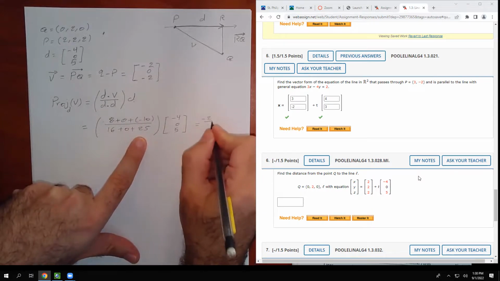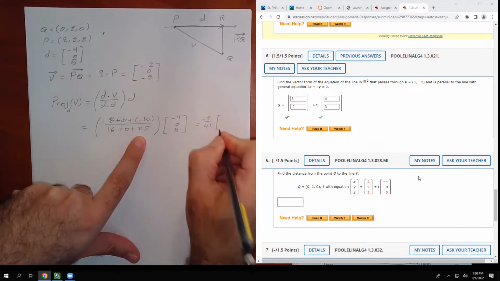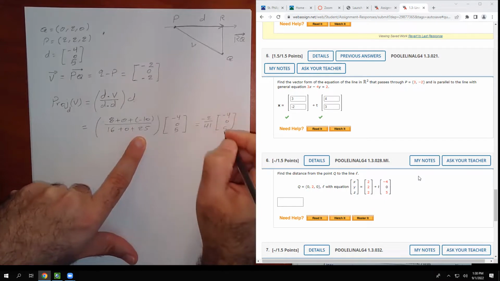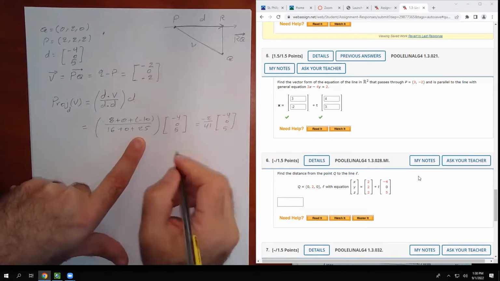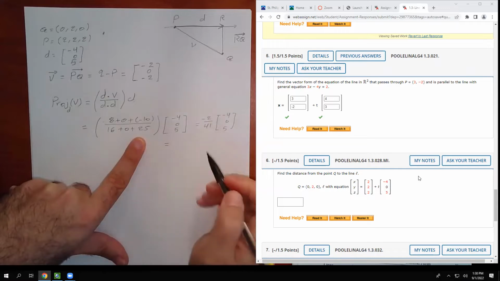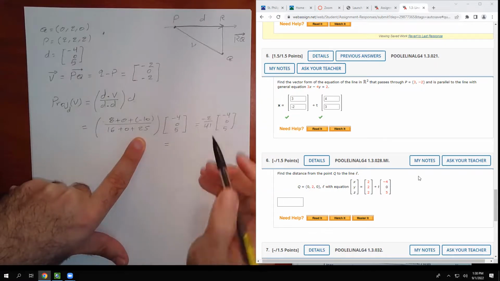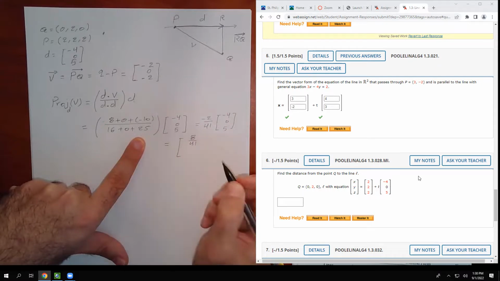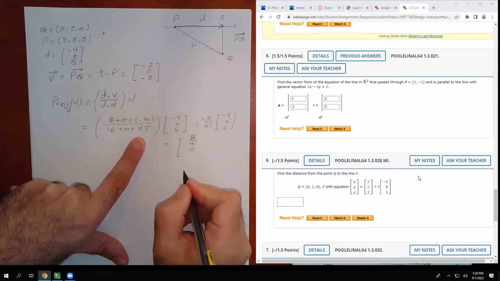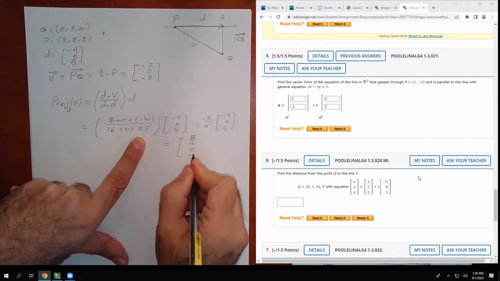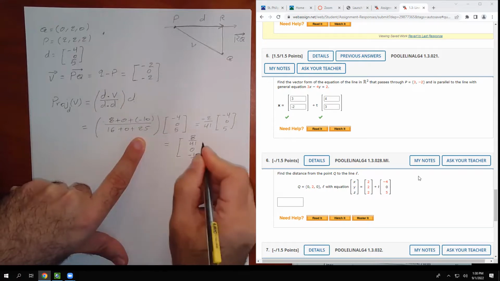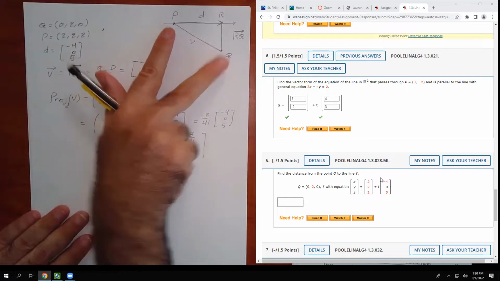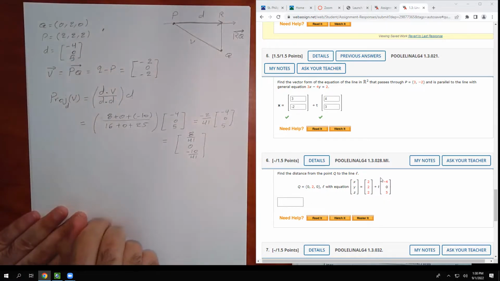So it's going to be negative 2 over 41 with the direction vector negative 4, 0, 5. And I think we had to simplify it. Multiply this one with the 4. So it's going to be 8 over 41. This is the projection, 8 over 41, 0, and the third one is going to be negative 10 over 41. This is the projection of V onto this direction vector D.